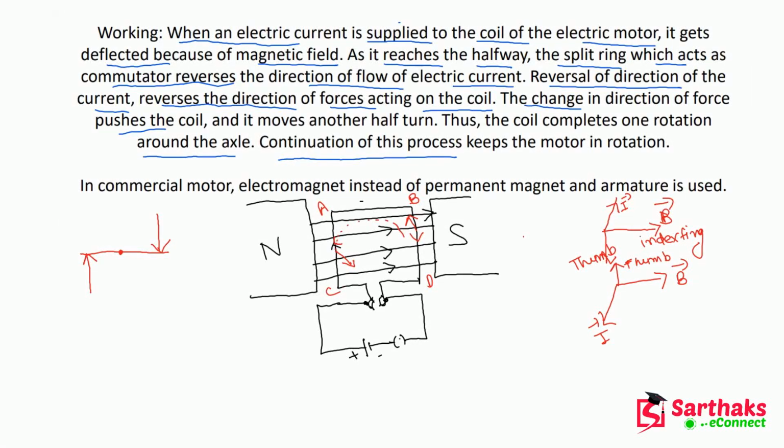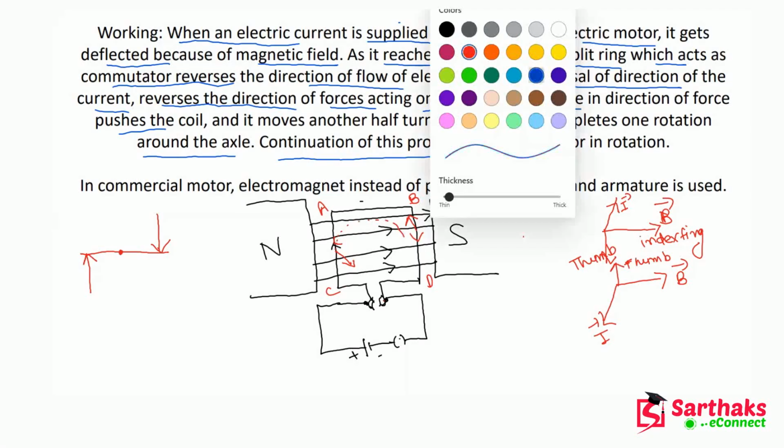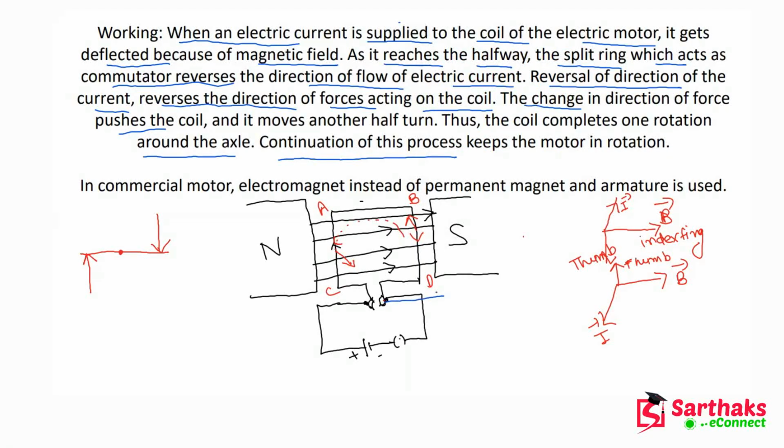Now guys, you might be thinking, if these slip rings are fixed, let me give them a name. These are slip rings, and you can also call them commutator.